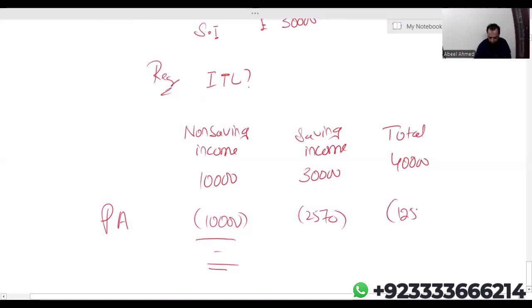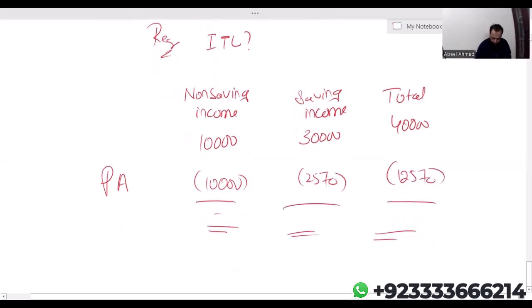Total is, of course, 12,570. $30,000 minus 2,570. I'm getting 27,430. 40,000 minus 12,570, 27,430.